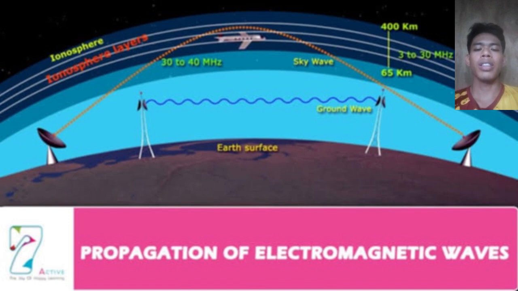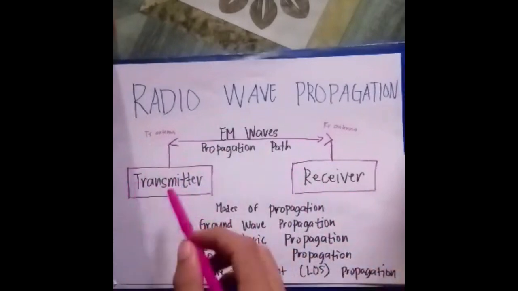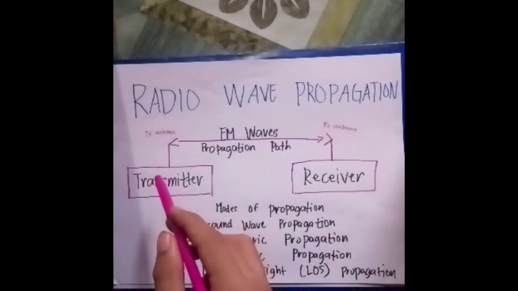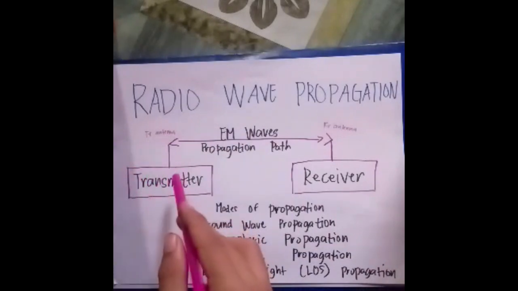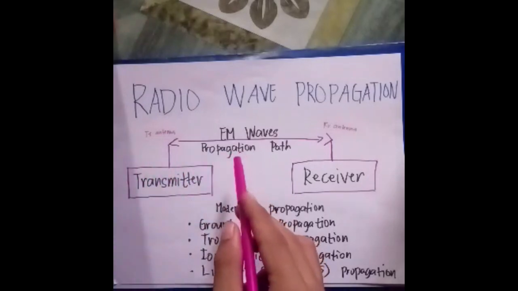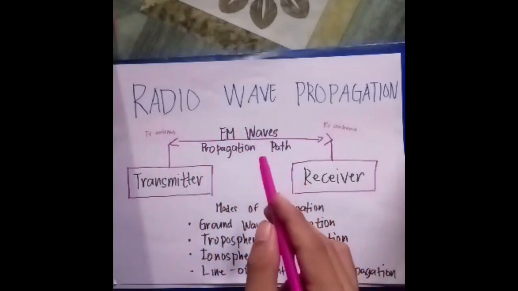Before I discuss radio wave propagation, I'll first explain what is happening in a communication channel. In this communication channel, we have a transmitter circuit which gives the transmitting signal to the transmitting antenna, and then the transmitting antenna radiates electromagnetic waves.